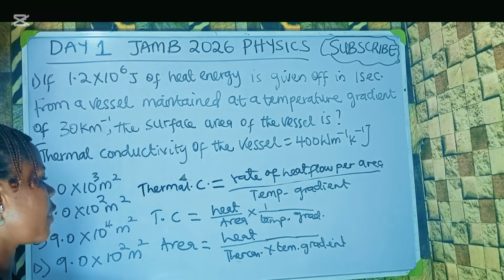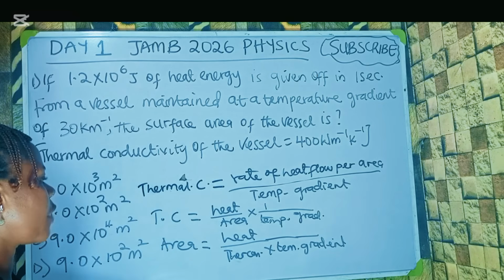Now from what we have, the rate of heat is 1.2 times 10 raised to the power 6, divided by the thermal conductivity, which is 400, while the temperature gradient is 30. So we can now work it out and divide to get our area.